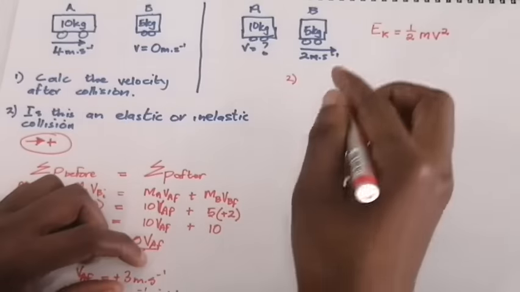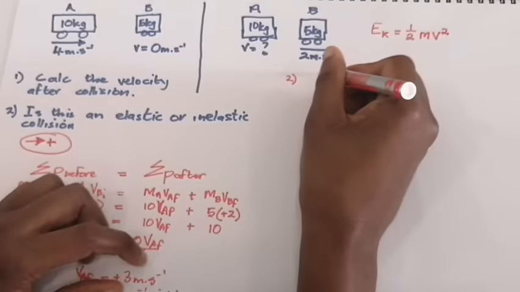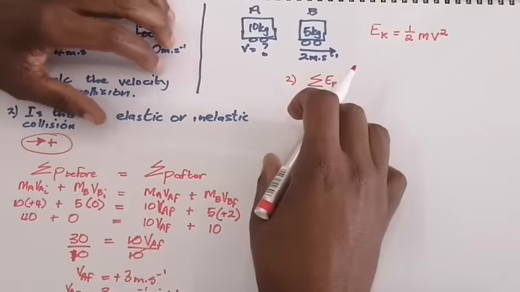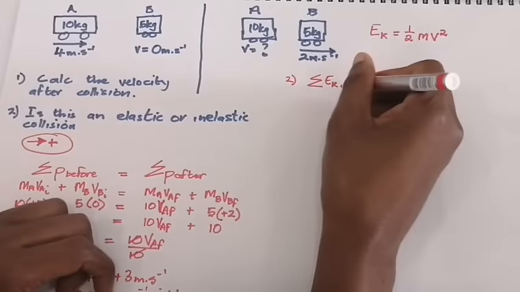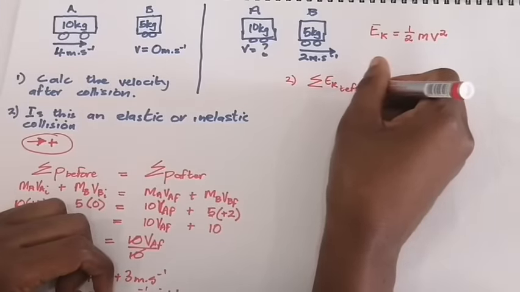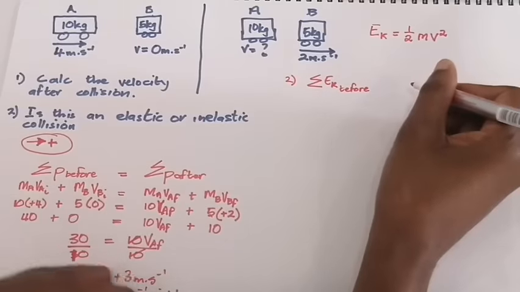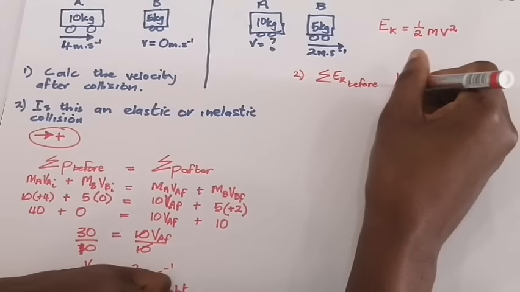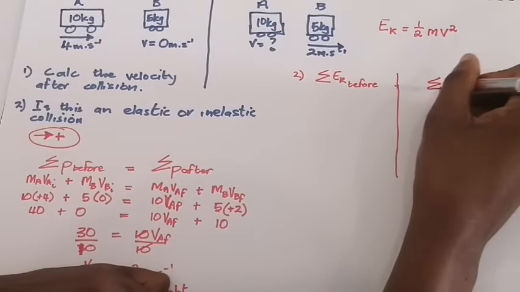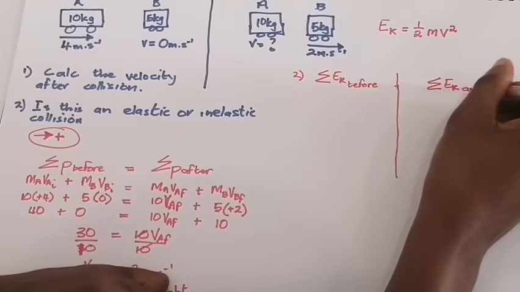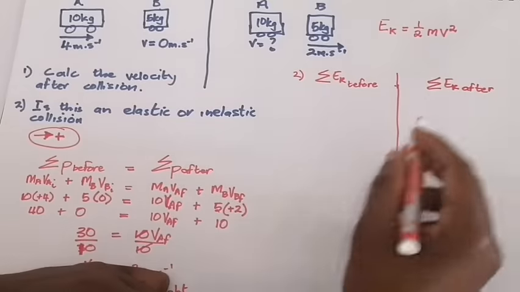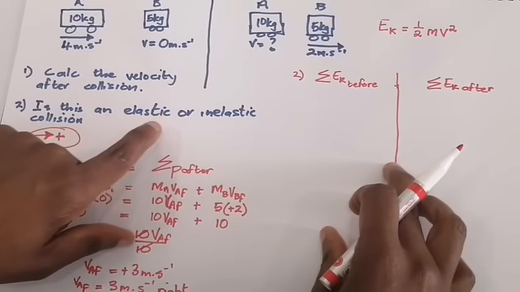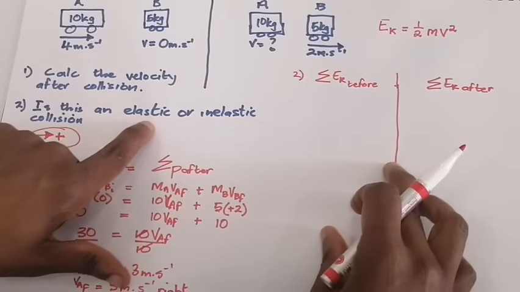Note that it means I will take the sum of the kinetic energy of the system before collision, and I'm going to compare it with the sum of their kinetic energy after collision. Note this: I cannot put an equal sign because I don't know whether they are equal or not, because at the moment I'm still just testing.